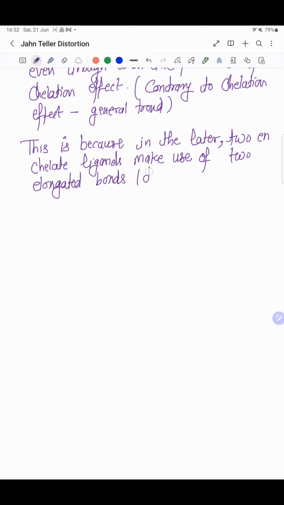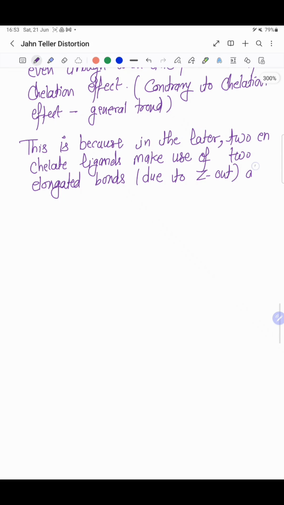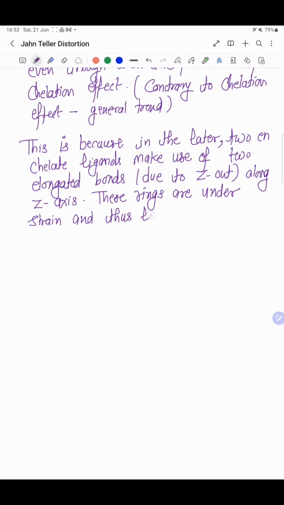This is because in the latter, two en chelating ligands make use of two elongated bonds along the z axis. Their rings are under strain and thus less stable.